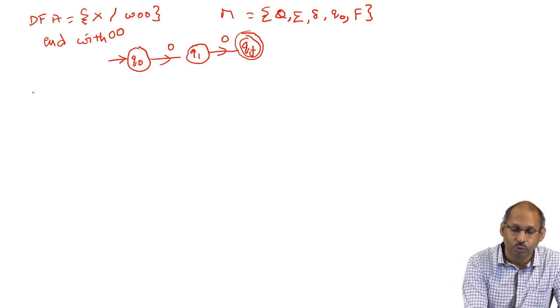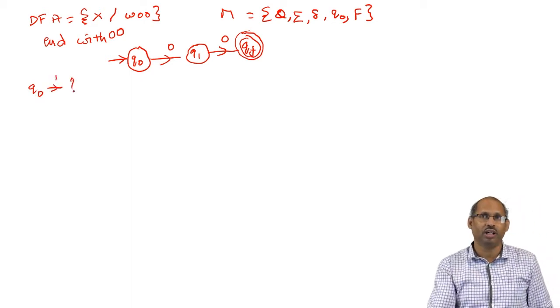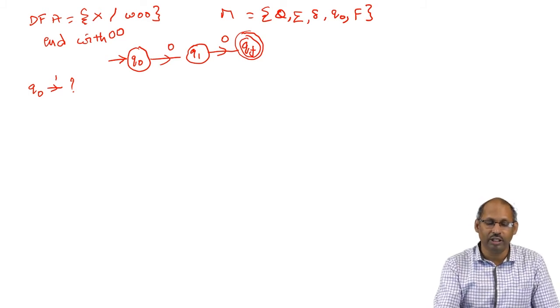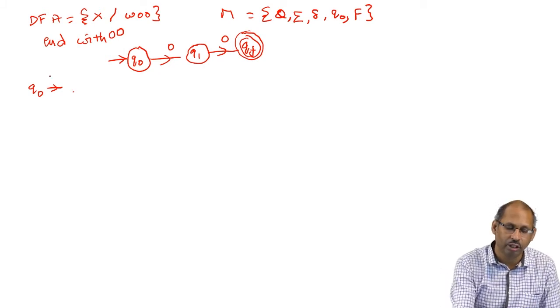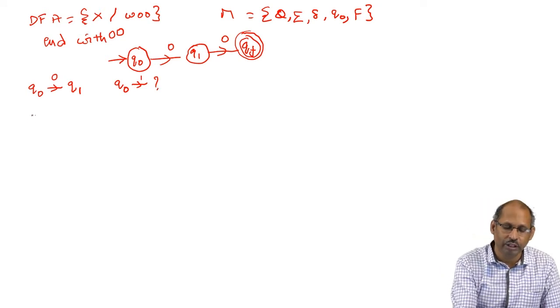Now Q0 on 1, where does it go? We have to find it. Q0 on 0, we already know, is Q1. Then Q1 on 0, we know, is QF.